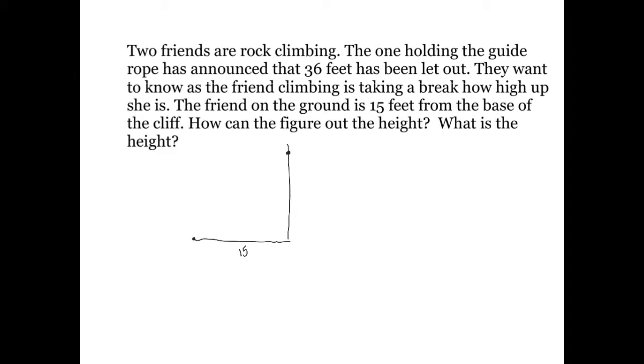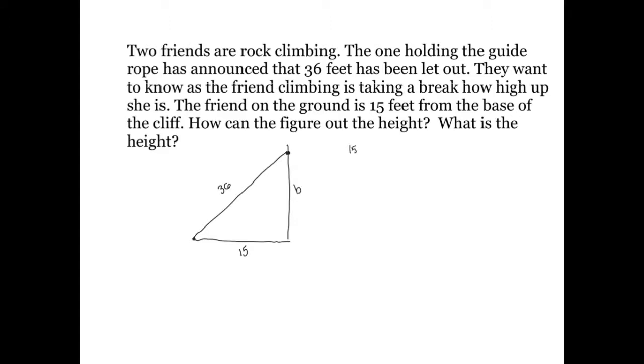The rope is what's connecting them, and we're going to pretend like this is not attached to a pulley. We're going to pretend like this person is basically holding on to a rope right there, connecting them. So this is 36 feet, and so we're trying to figure out the b value here, the height.